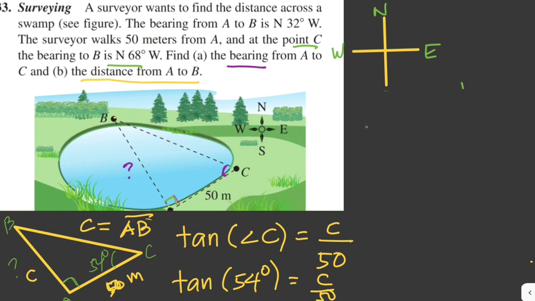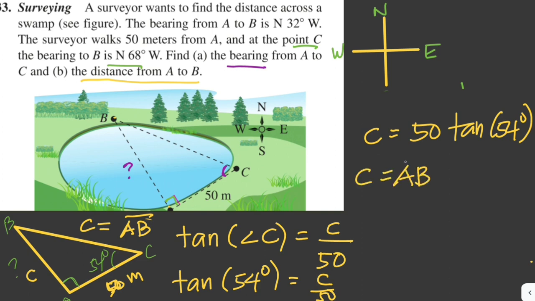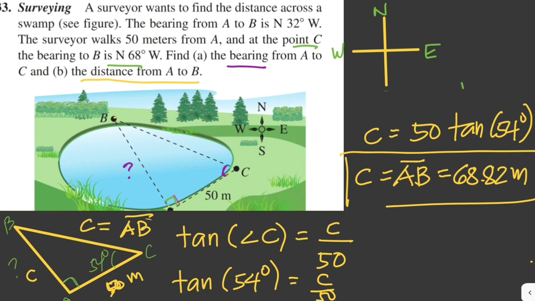Now to calculate for c, we just multiply 50 and tangent 54 degrees. Therefore c, which is just our side AB, is equal to 68.82 meters. So this is the distance from A to B. So this is 68.82 and C here is 54 degrees.